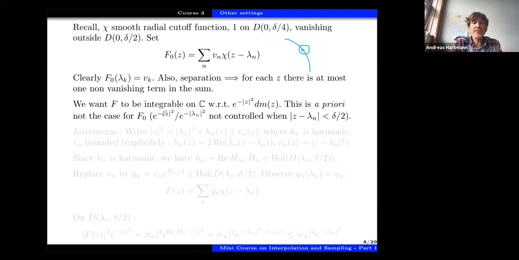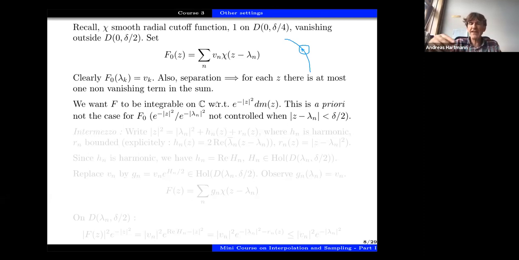But inside the disk, the e to the minus z squared is much smaller. Well, it's bigger than this expression. We should do the computation. As we know, e to the x squared over e to the y squared is not bounded even if x minus y is bounded by 1, for example.